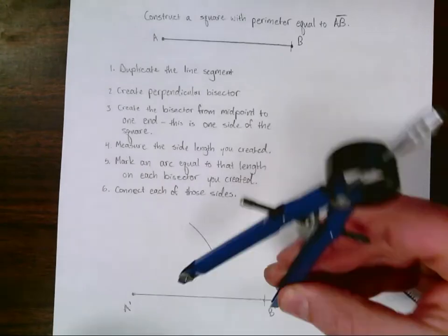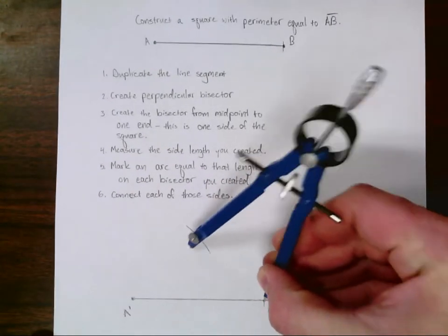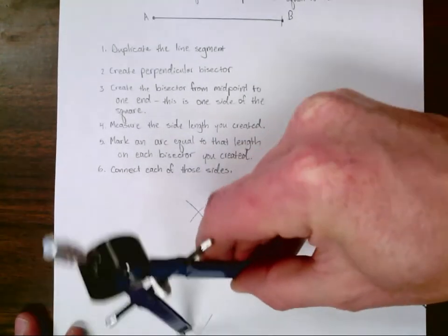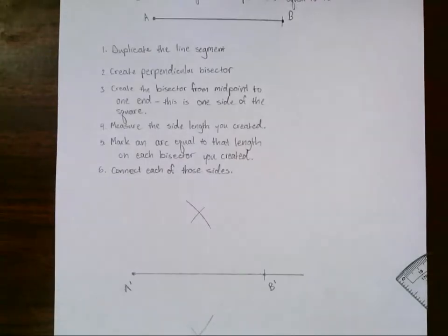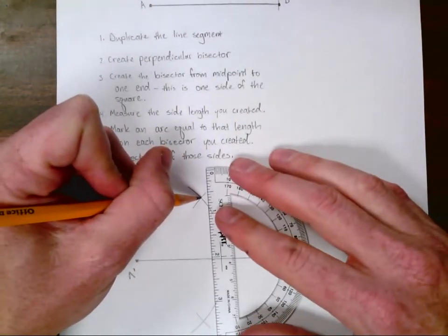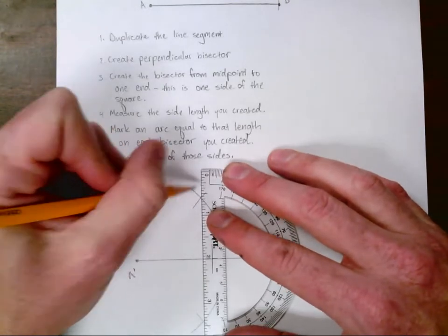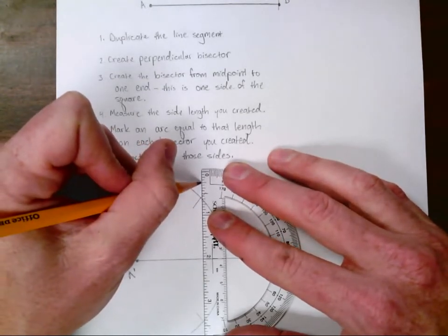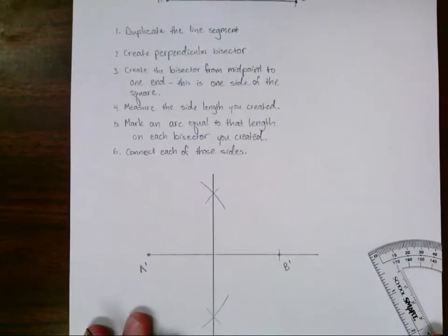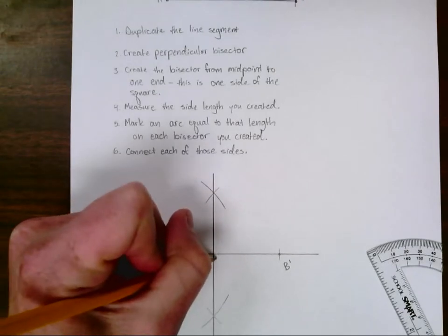Do the same thing from point B. When I connect these, I've created the perpendicular bisector. Okay, I'm going to label this M as the midpoint.